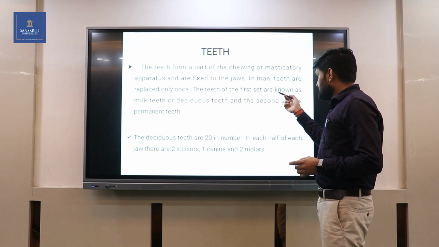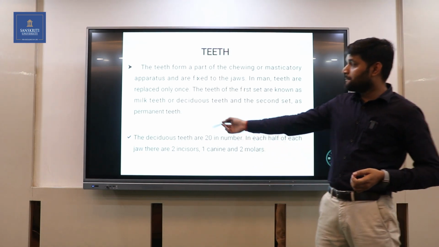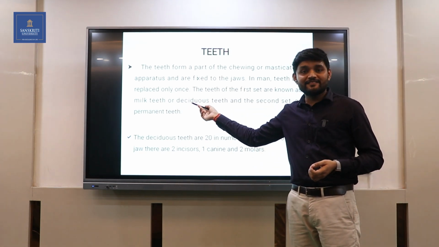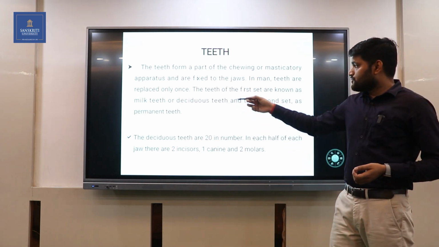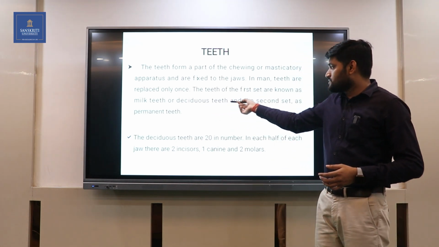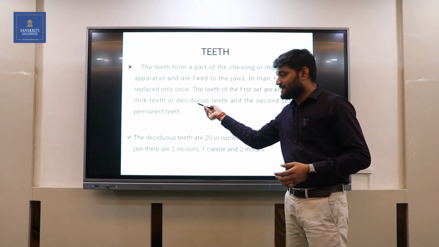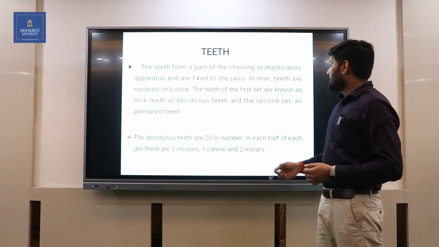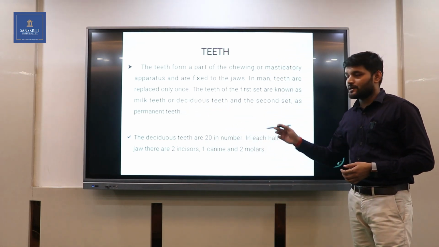The teeth of the first set are known as milk teeth or deciduous teeth. Clear? The first teeth of childhood are known as deciduous or milk teeth, and the second set as permanent teeth.